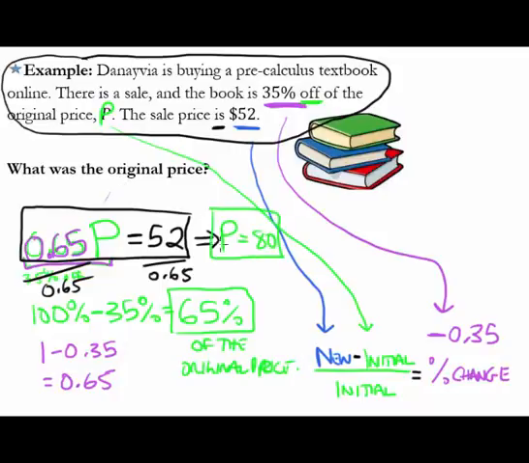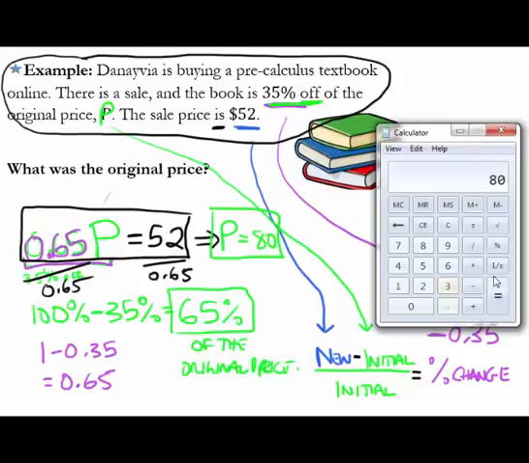So that's the answer. And we can check this. Let's imagine it was $80 and I took 35% off, right? That would be 65% of the original price. And if I do 80 times 0.65, of course I'm going to get to the sale price of $52, right? Division and multiplication, the one thing undoes the other thing.